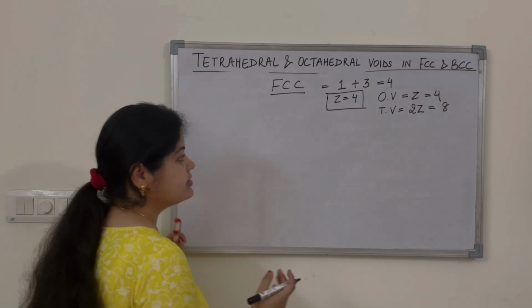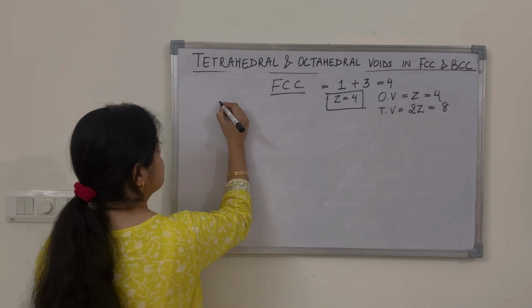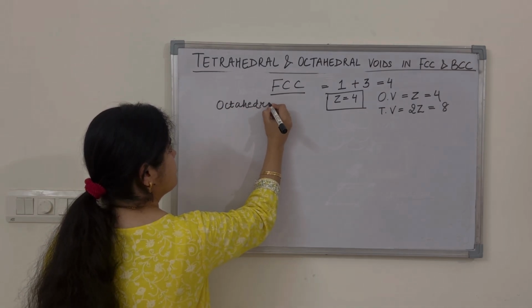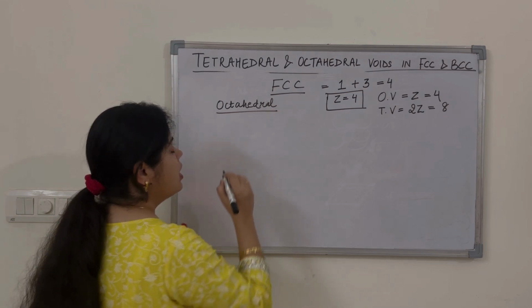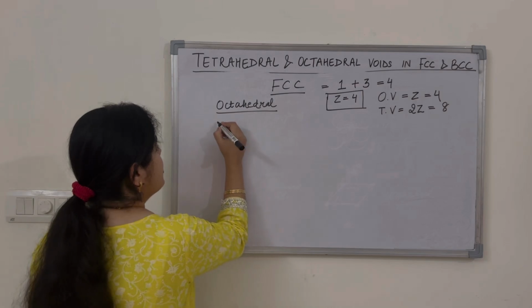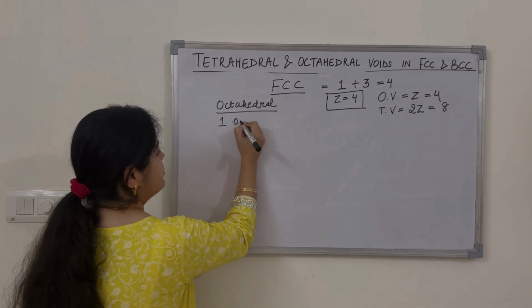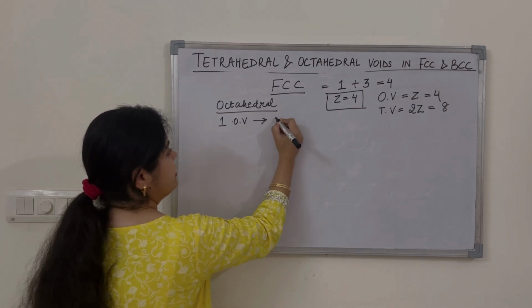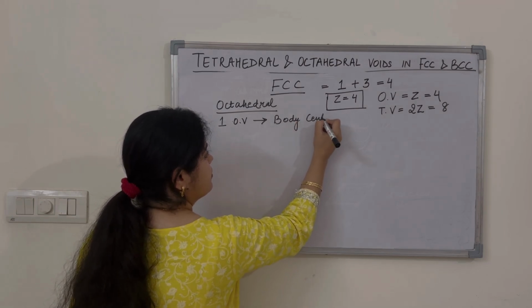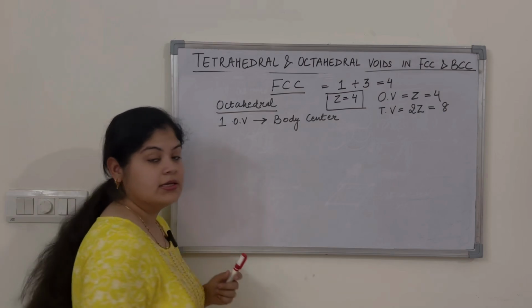Now let us first see the octahedral voids. Out of these 4 octahedral voids, we have one octahedral void which is located at the body center. Let us see how.